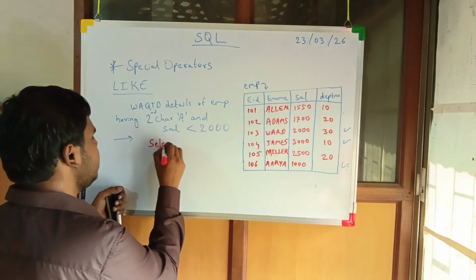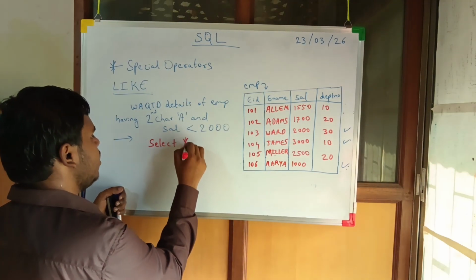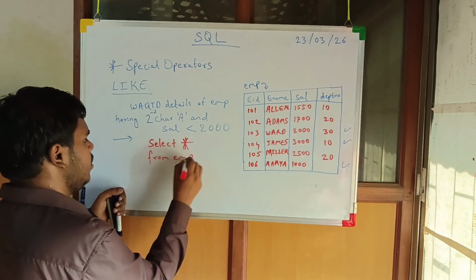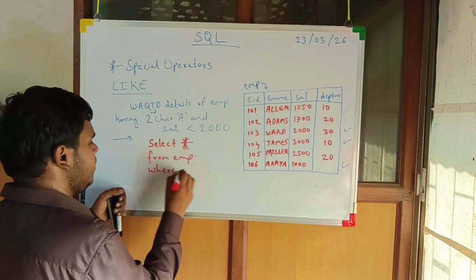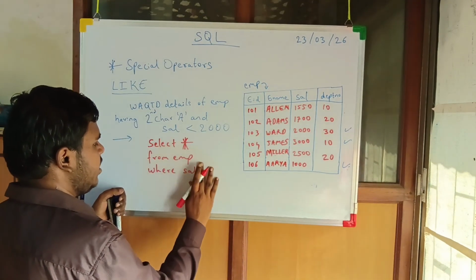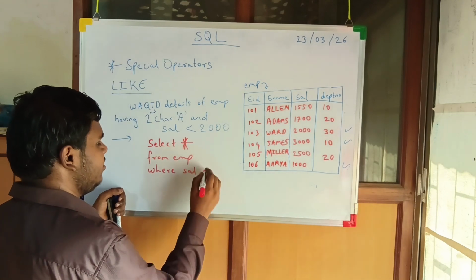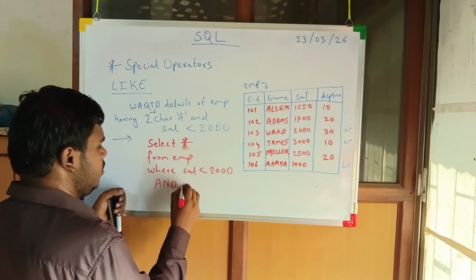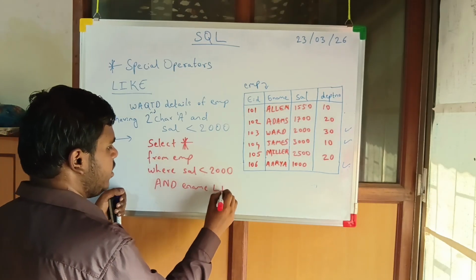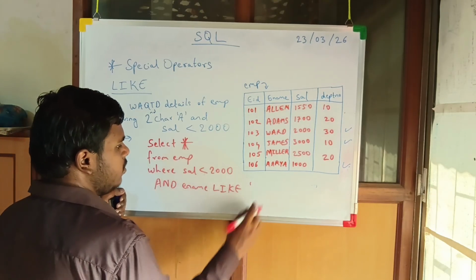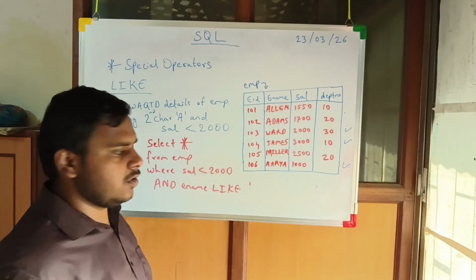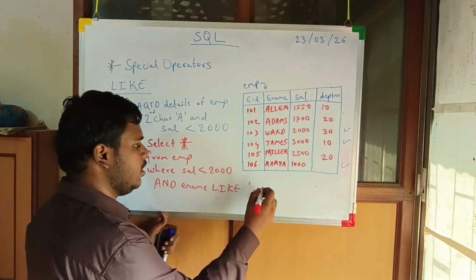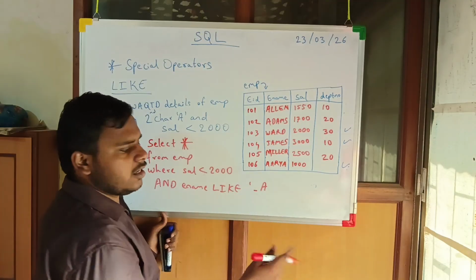So what I will write: select asterisk from EMP where sal less than 2000 and E name like, with second character A, meaning for the first character I keep only one space for any single character, second character A, and after the second character it can be any characters.